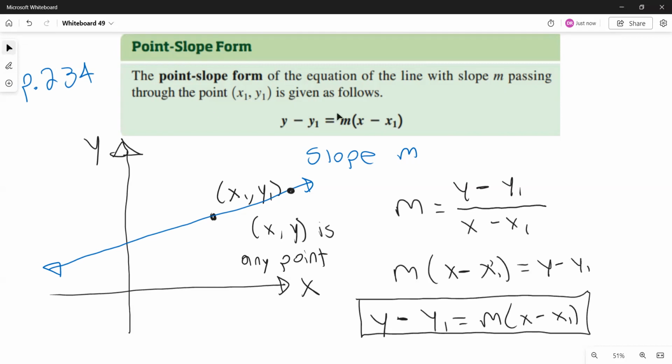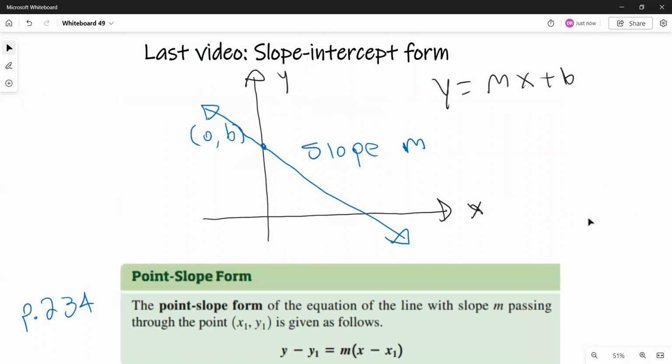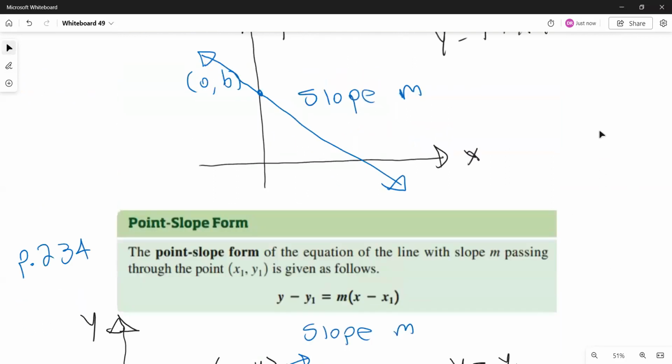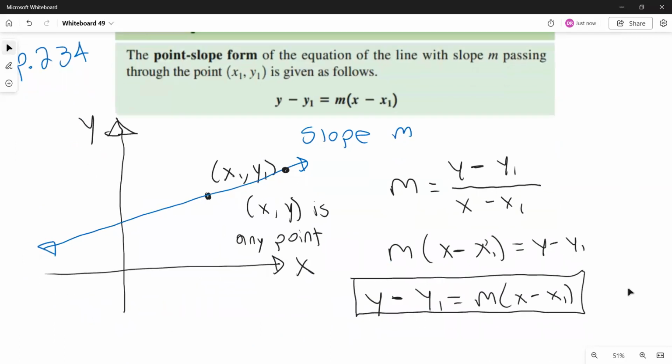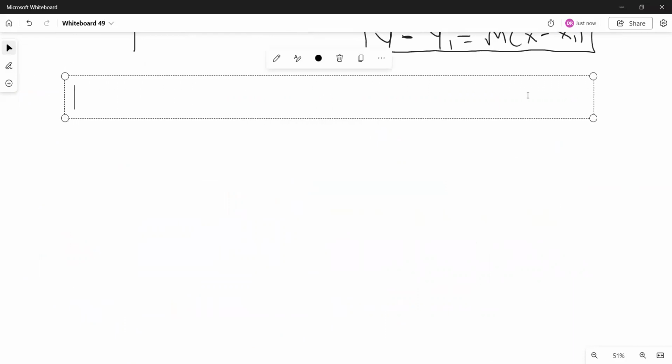But all you need is the slope-intercept form. The slope-intercept form is actually more important than the more general point-slope form. So we can use either one to do this type of exercise.